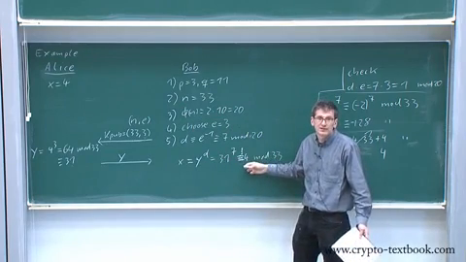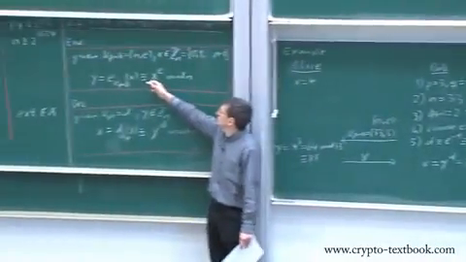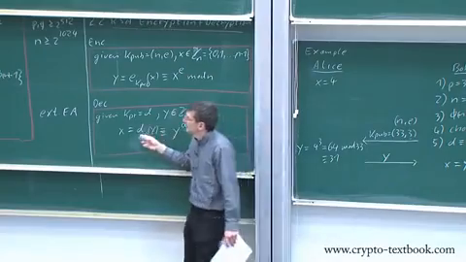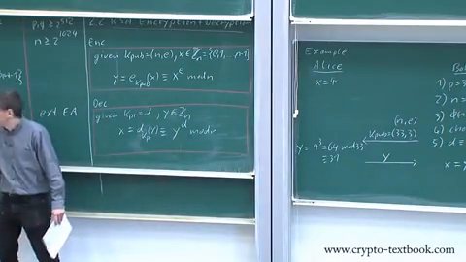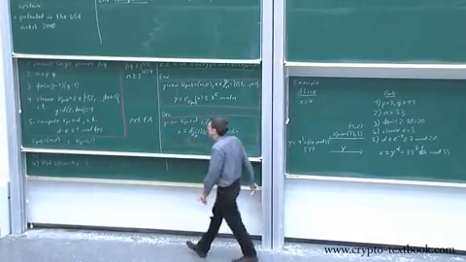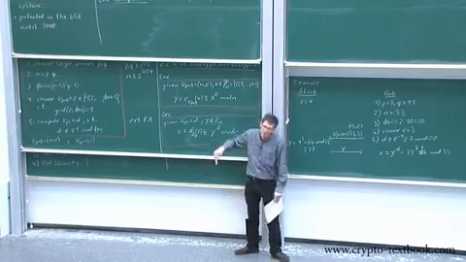I get the original value again, right? So in order to show that this always works, if I do x to the e, and then I raise the result to the d, if this condition holds, this is a condition on the exponents, right? d and e must be inverses of each other mod phi of n.